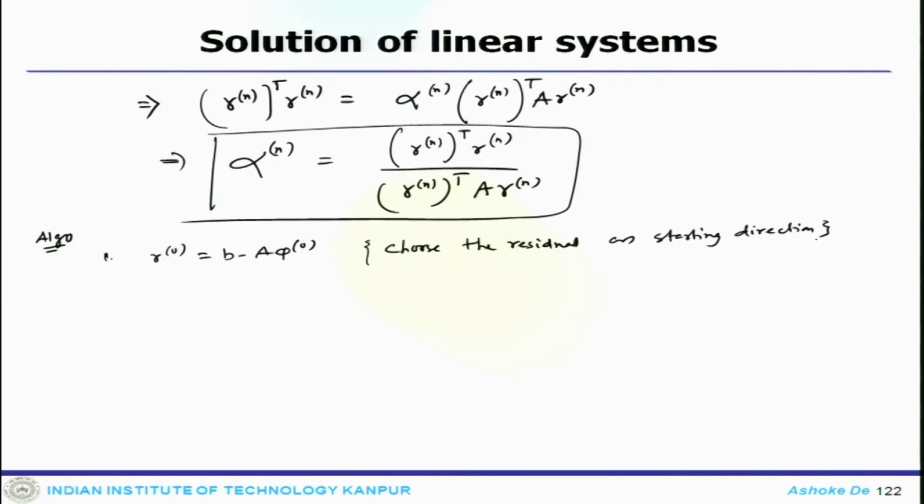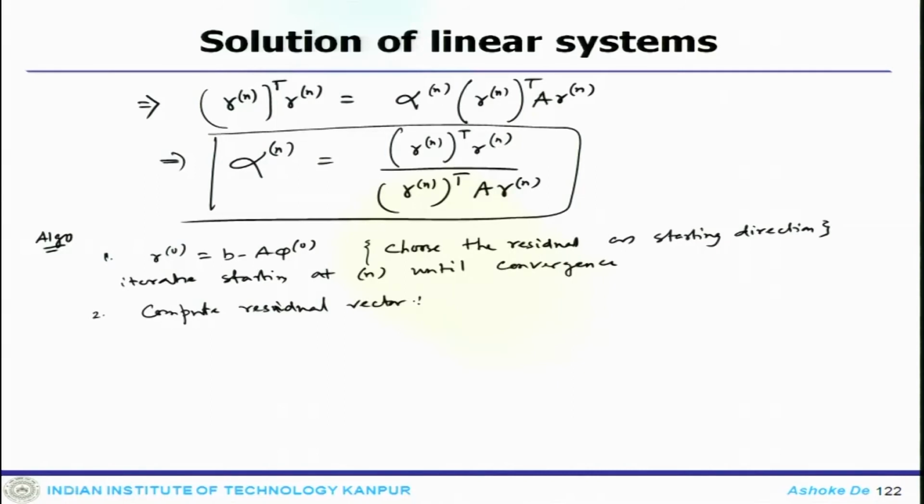Then you iterate, starting at n, until convergence. You compute the residual vector, R n equals b minus A phi n.